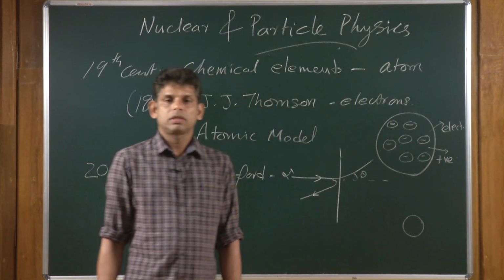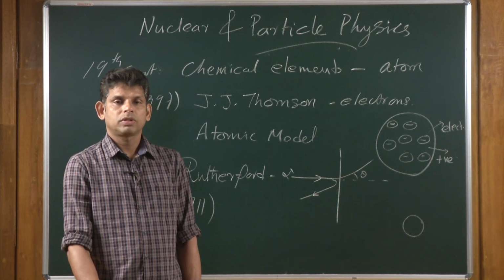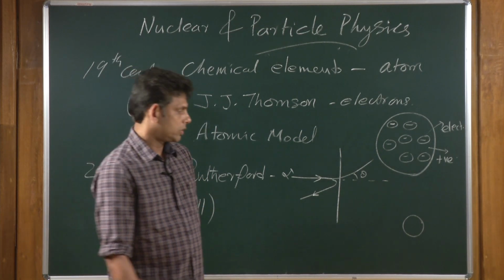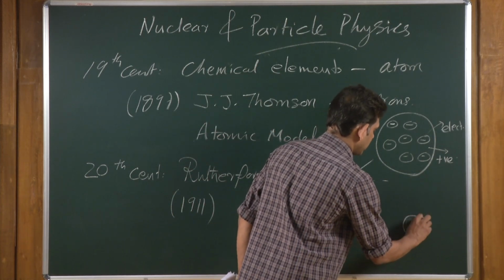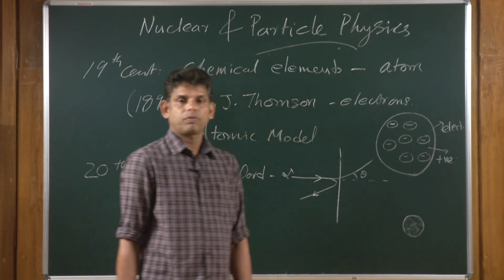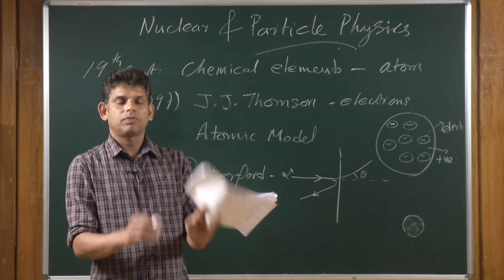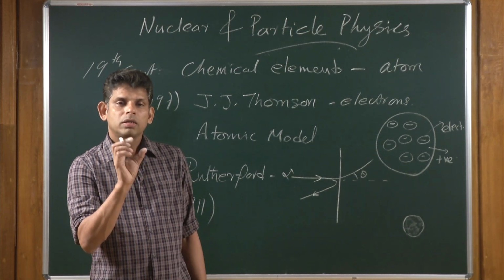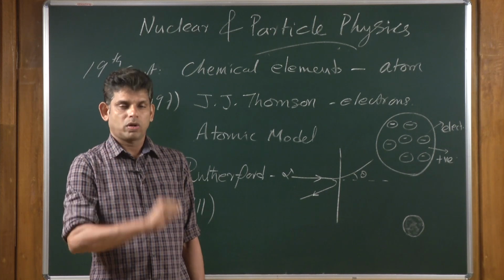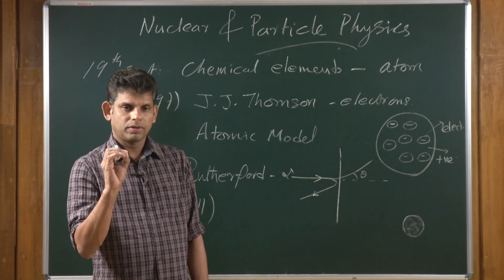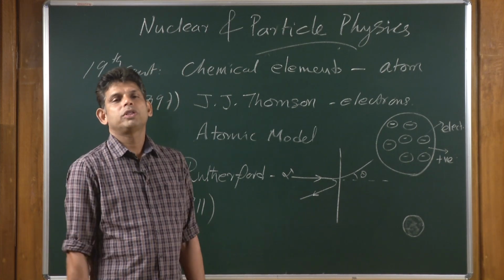Think about as if all the positive charges in an atom are focused or concentrated in a small volume or a small core of the atom. So, the atom as a whole has a tiny core inside it, much smaller than the atom itself, which contains all the positive charge.